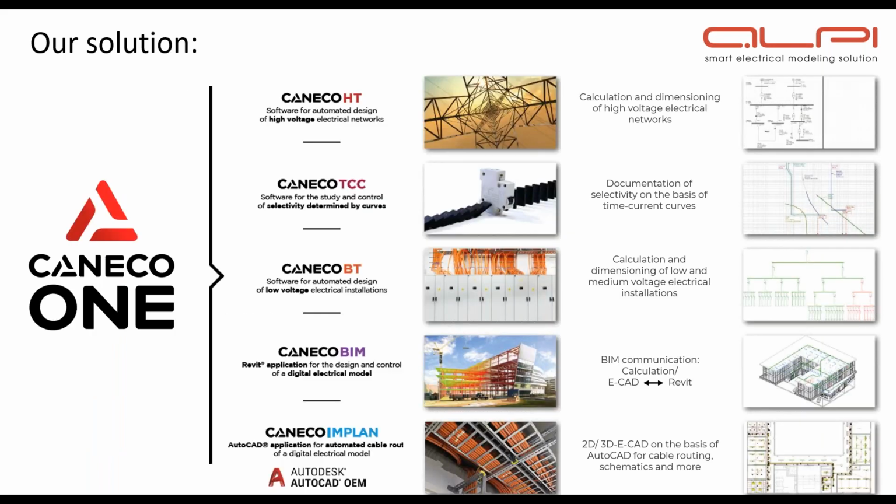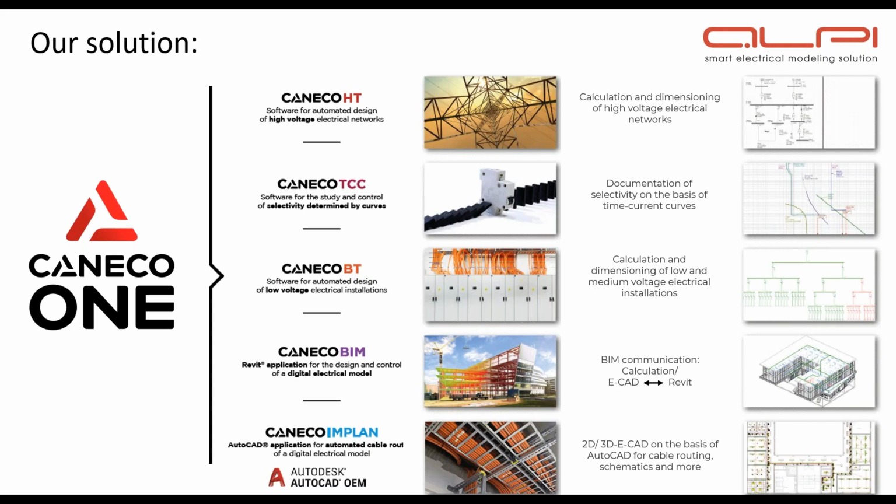For our suite, we provide Caneco One. Caneco One is a software suite which integrates Caneco HT, TCC, BT, BIM, and Implantation. We start with the last part, Caneco Implantation, because here we will also concentrate on our software presentation today. Caneco Implantation is an add-on for AutoCAD. Also, in our package of Caneco One, one Autodesk AutoCAD OEM license is integrated. Caneco BIM is an add-on for Revit.